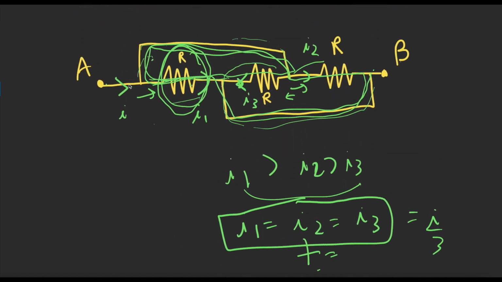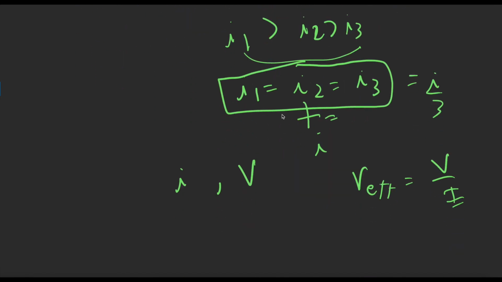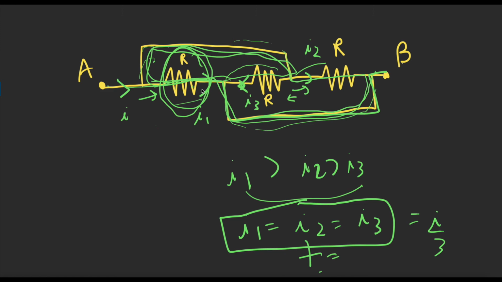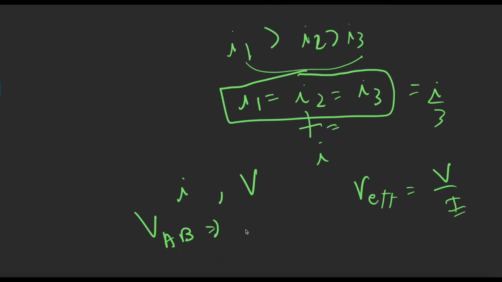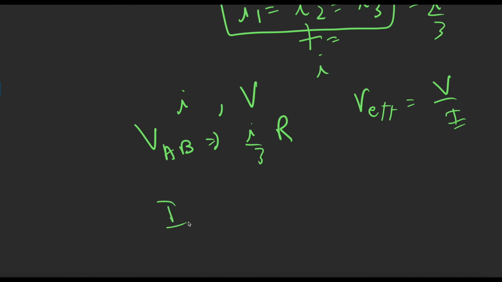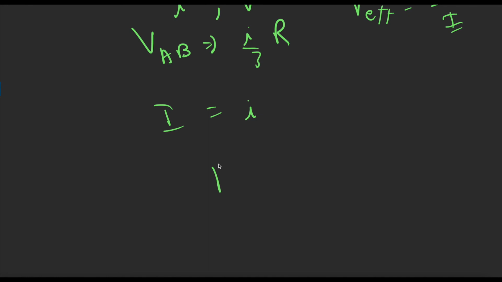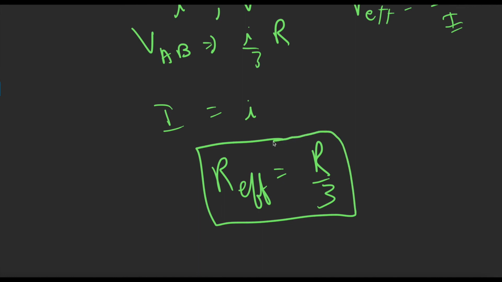Well, let's say it takes this path, it goes through this resistance R and gets shorted and goes directly to B. So what's the potential drop from A to B using that? Well, this is I by 3 into R, Ohm's law again, and the total current is I. So if you do V by I, you get R effective equal to R by 3, which is the same as what we got using the equipotential method.